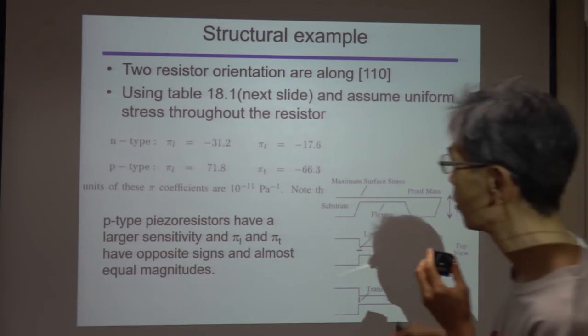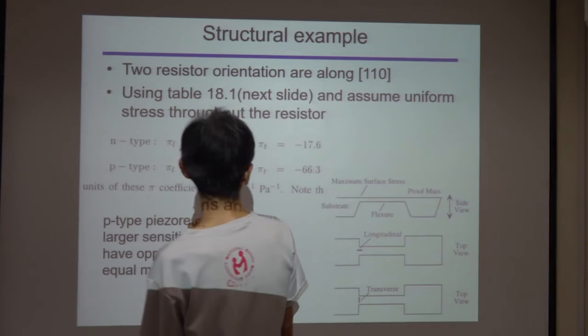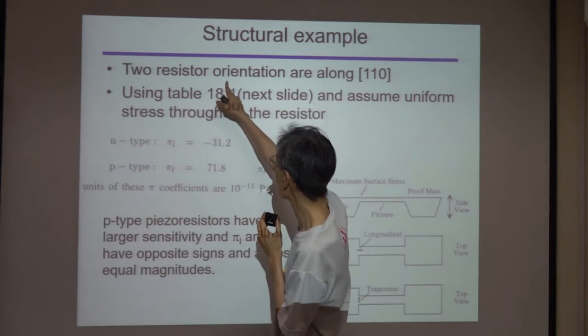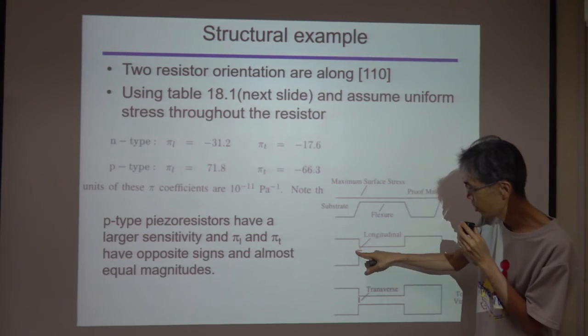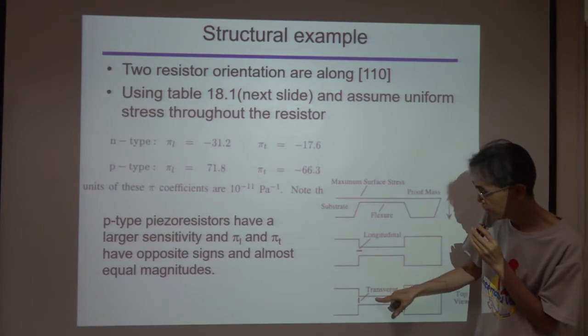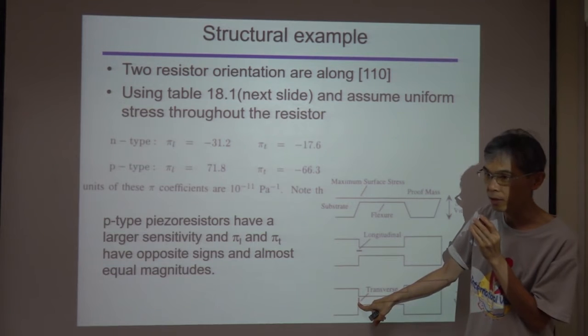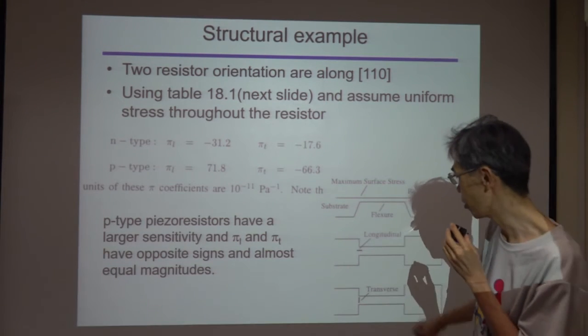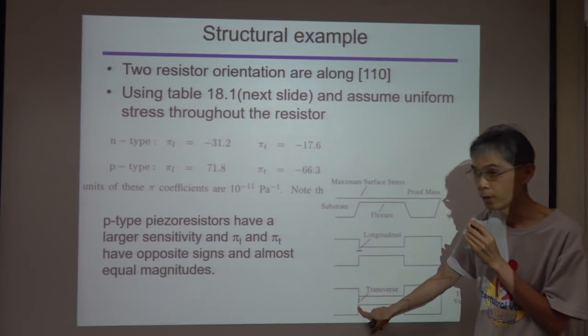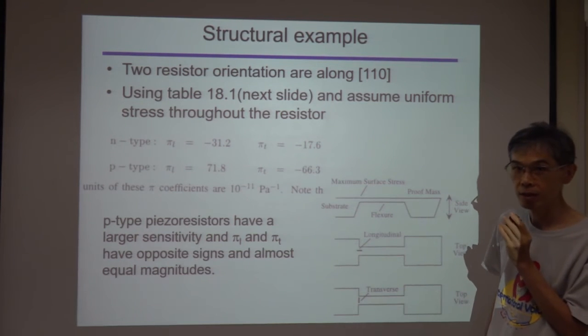Then the 2 resistors' orientation are the 1 1 0 direction. So this is the 1 1 0 direction. This one is also the 1 1 0 direction. Muslim, is this possible? 1 1 0, 1 1 0. Is this possible?